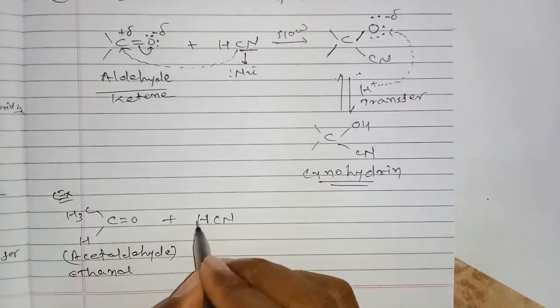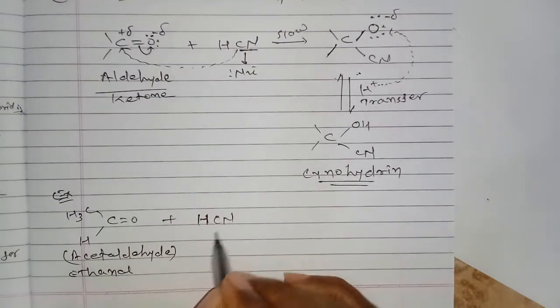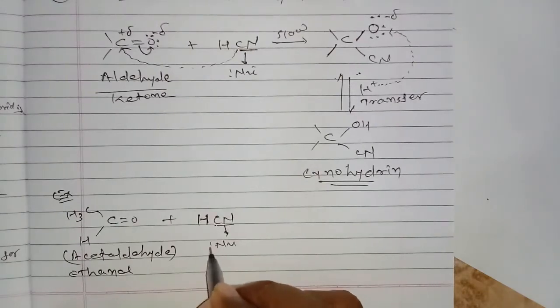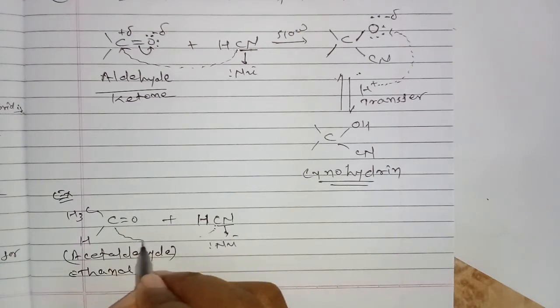Hydrogen cyanide is added to the acetaldehyde. CN will act as a nucleophile, which attacks the carbon.